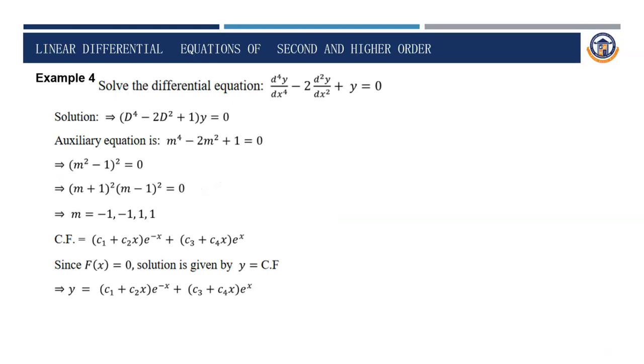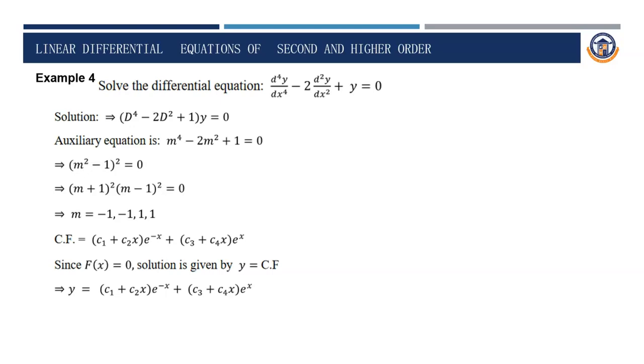The next problem, d power 4 y by dx power 4 minus 2 d square y by dx square plus y equal to 0. This equation can be written as D power 4 minus 2D square plus 1 into y equal to 0. Then the auxiliary equation is m power 4 minus 2m square plus 1 equal to 0.